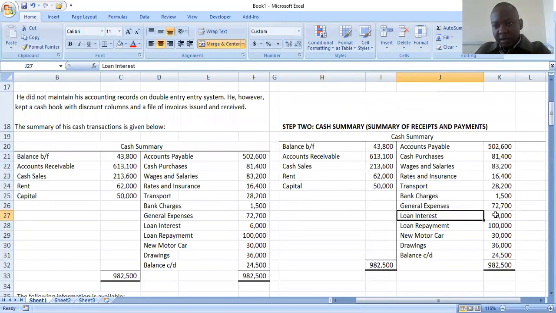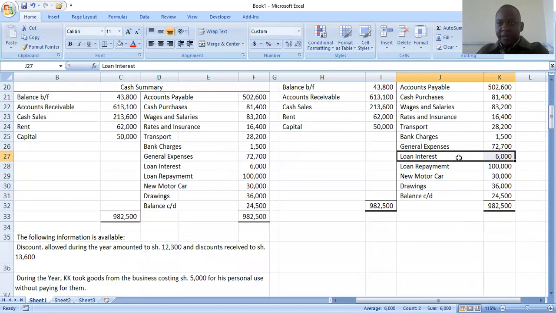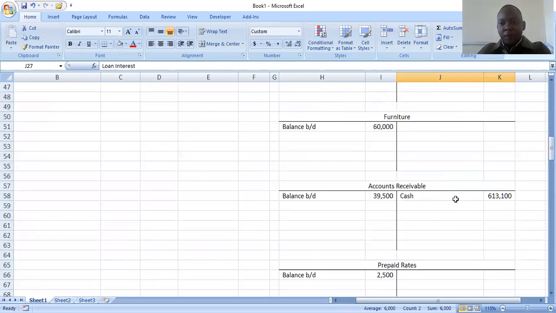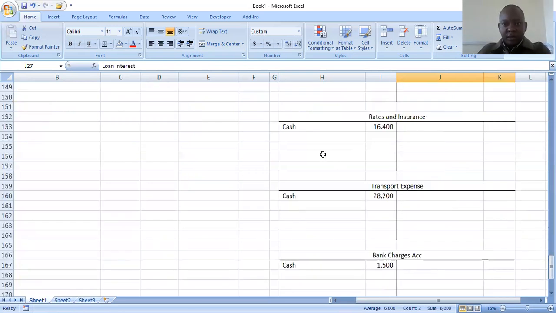Is loan interest. Loan interest of 6,000 shillings. So cash has been credited, so therefore it means we debit the loan interest account. So you open the loan interest account, since we don't have one.